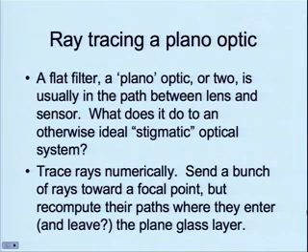And for a long time, people kind of ignored that and didn't see it as a problem, but it can be a problem. So you can just trace some rays numerically. You can just throw a bunch of rays as if they were going to perfectly converge at a focus, and then see what happens when you refract them through a flat sheet of glass.